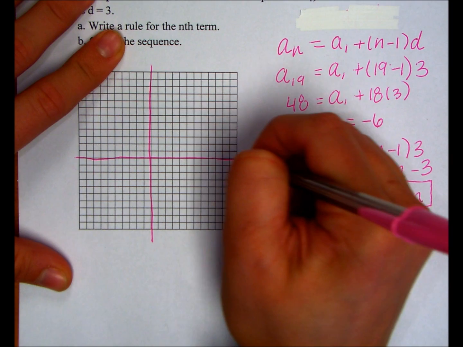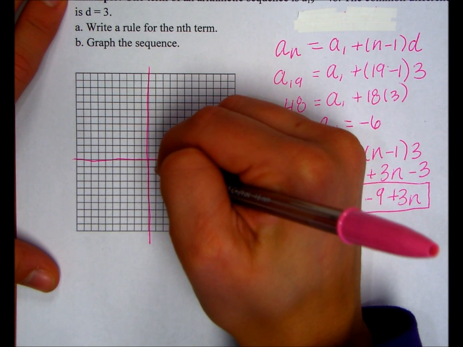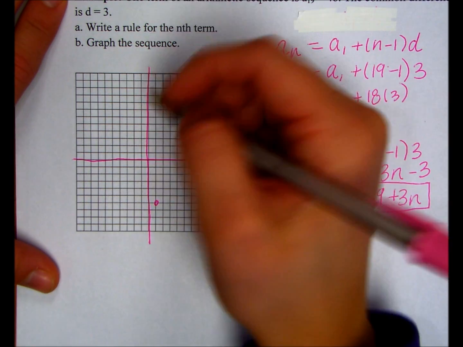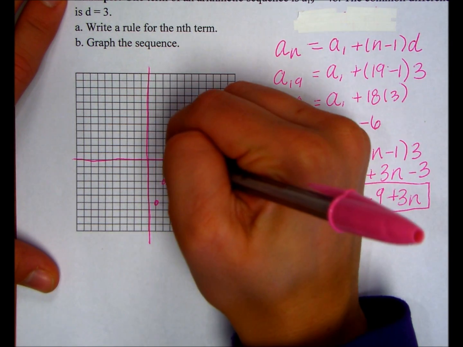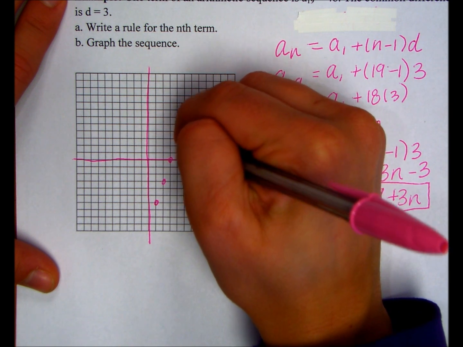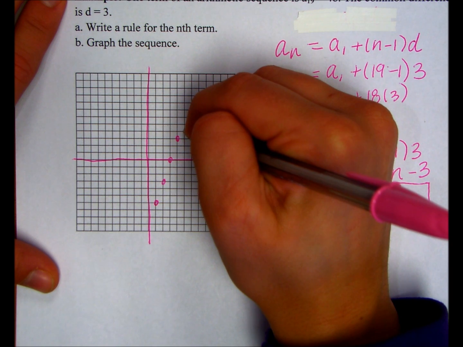1 is negative 6. 2 is negative 3. 3 is 0. 4 is 3. 5 is 6.